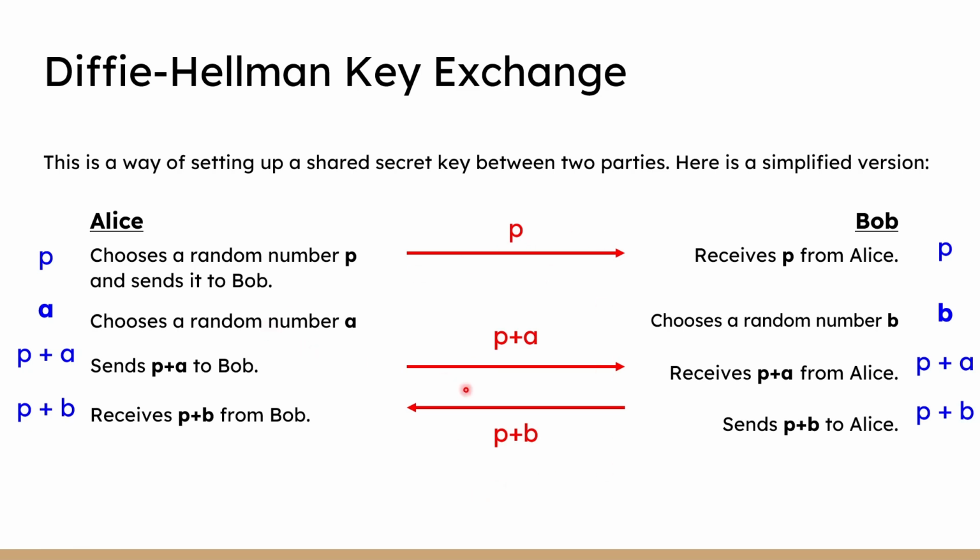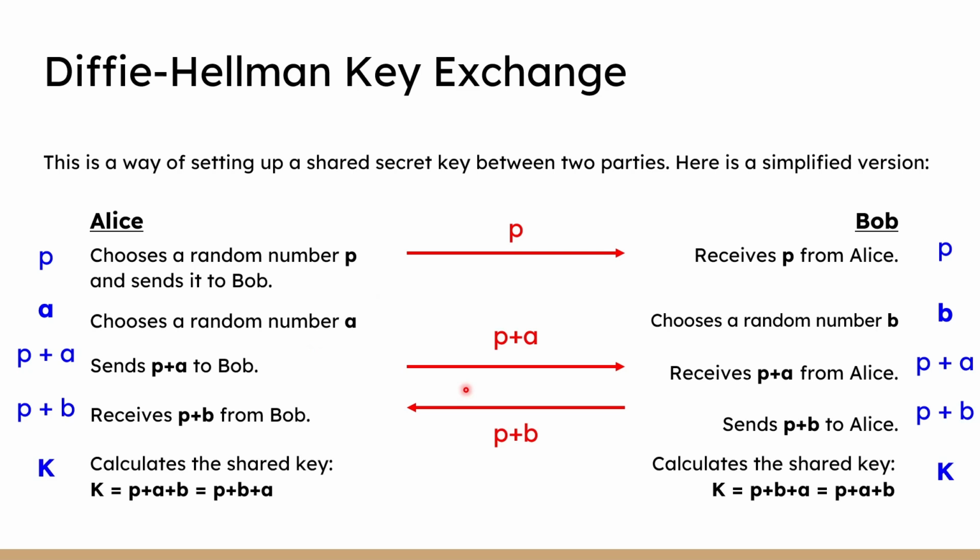And then to calculate the final key, they just add their own secret numbers again to what they received. So Alice takes what she received here and adds A and gets P plus B plus A, and Bob gets P plus A plus B, and that gives them the same thing, the same key in the end.